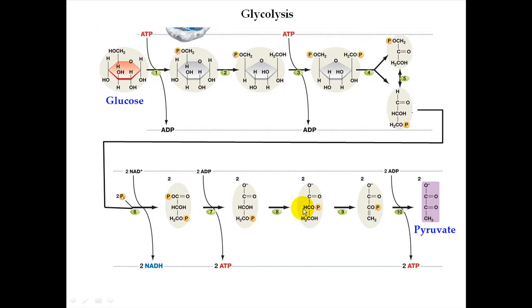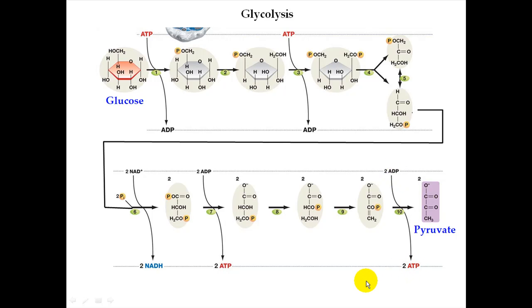Then another rearrangement happens in this step where you end up seeing a double bond form here, where it was not seen here. Basically what these rearrangements do is destabilize that phosphate to make it easier for it to come off in order to be added to an ADP to make ATP.